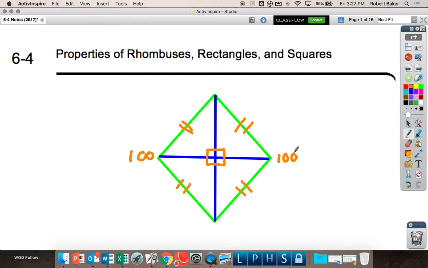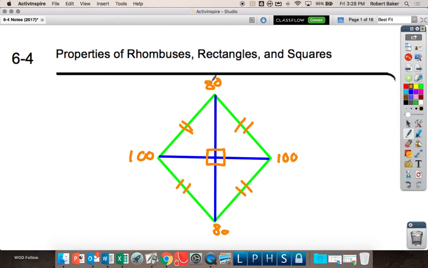Consecutive angles have to add up to 180. So if this one's 80, how big is this one? 80. Are opposite angles equal? Yes. Are consecutive angles supplementary? Yes. So now let's get into the rhombus properties.